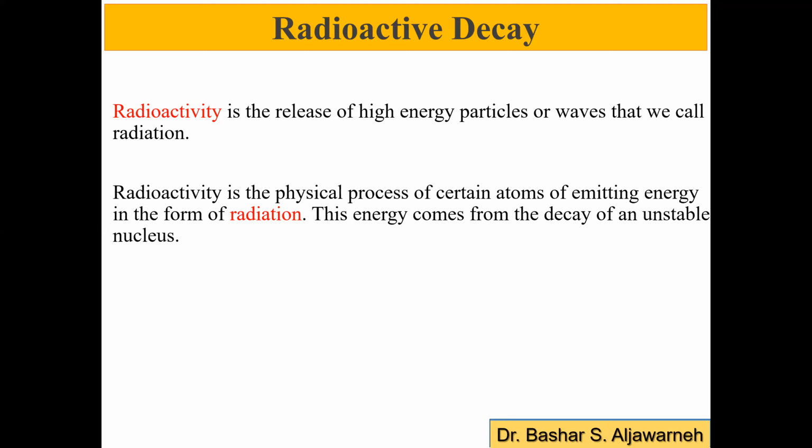So I can summarize the radioactivity as a process that the atom or the unstable element follow to be stable element, and we can break the result of this process into two parts: radiation and new element or new nuclei.